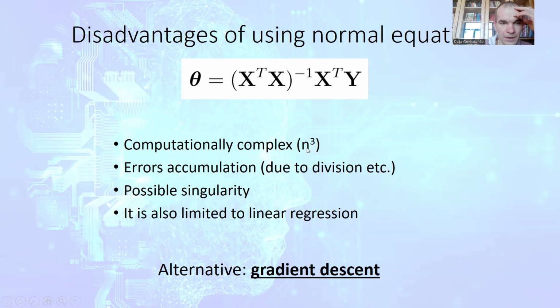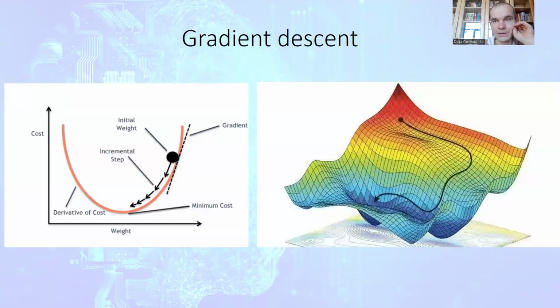And while inverting matrices, error accumulation occurs. We can encounter singularity of the matrix being inverted. And also, of course, the normal equation is limited to linear problems. We will also consider as an alternative the application of gradient descent.